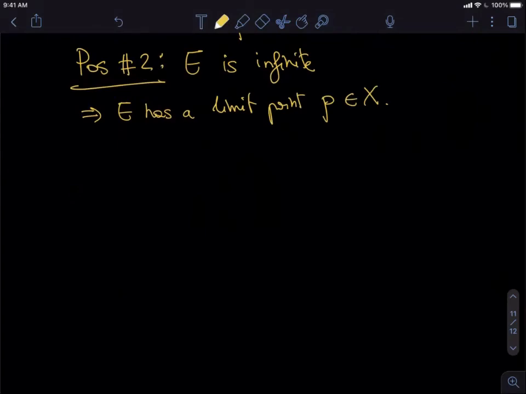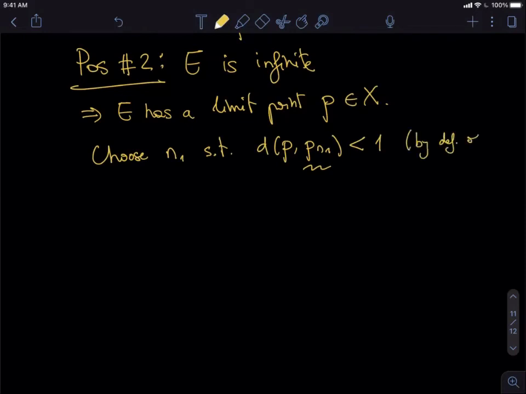Now, because we know there is a limit point, we can choose an index n1 such that the distance from P to Pn1 is less than 1. And you may be wondering, how do we know there is some element in the sequence that is within distance 1 of P? This is by definition of limit point.